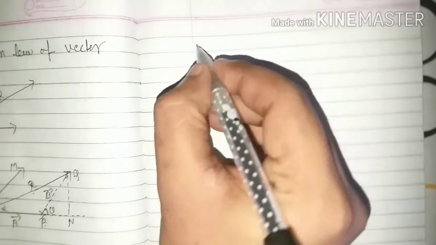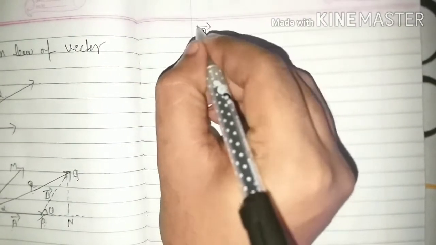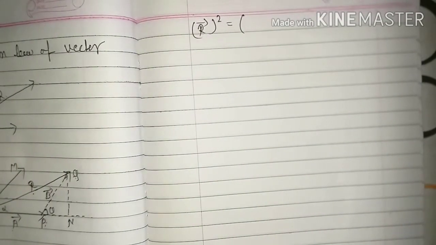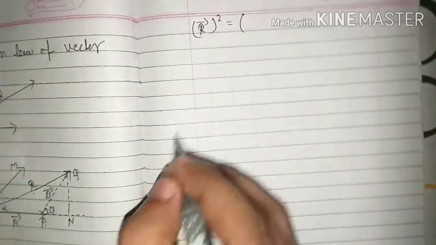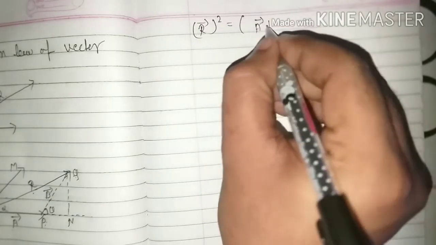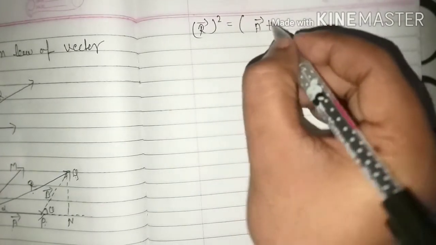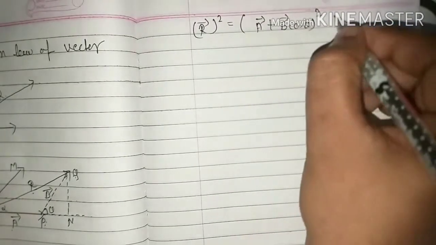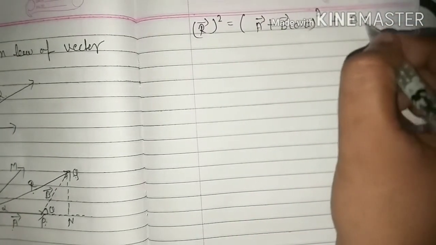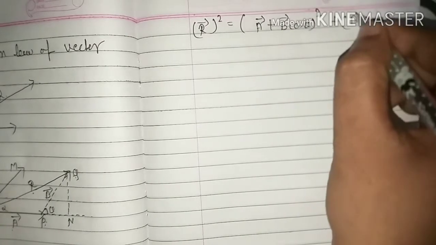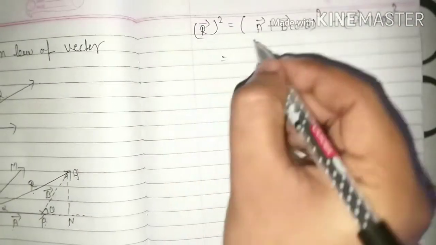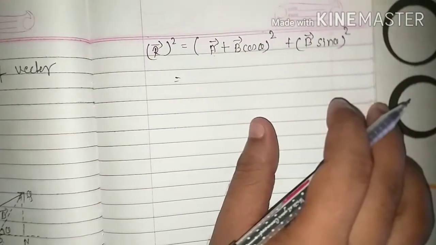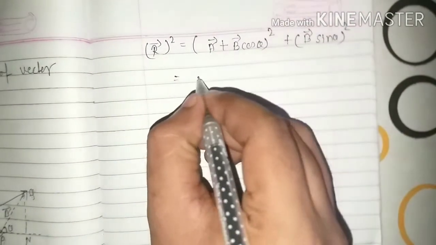So I'm writing the equation. We continue. Vector R square equals A square, plus the value of PN, which is B cos theta whole square, and here we have B sin theta whole square. Now this is an identity of (a plus b) whole square, so we use this identity and open the bracket.